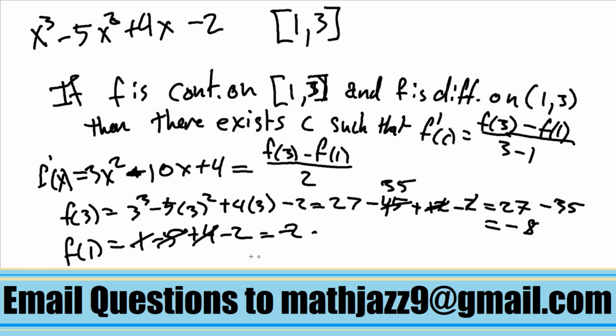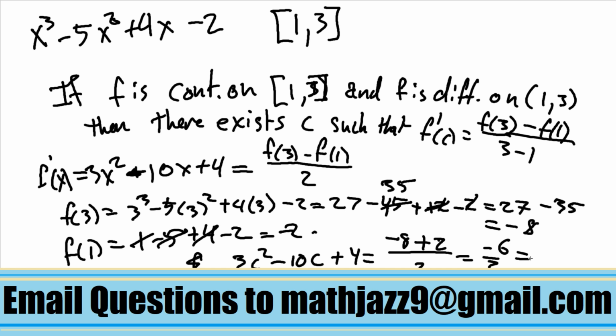So that means that we get 3c squared minus 10c plus 4 should equal -8 minus -2 over 2, or -6 over 2, or -3.